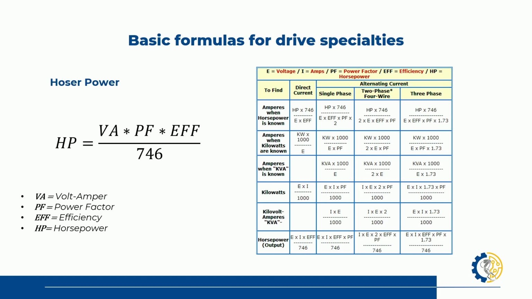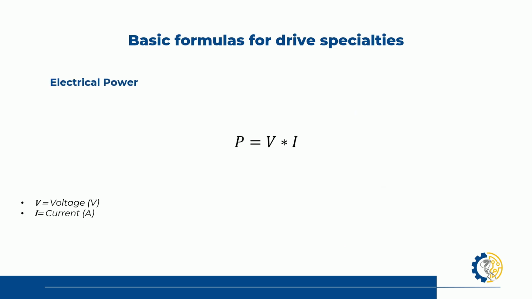Now, here I'm going to leave you our formulas to get our different data depending on what we're missing or what we're over on. Okay? Now our final formula is potency, electric potency. This formula is very, very important.